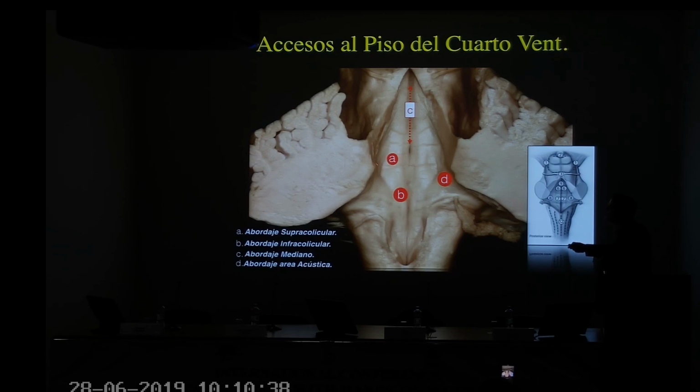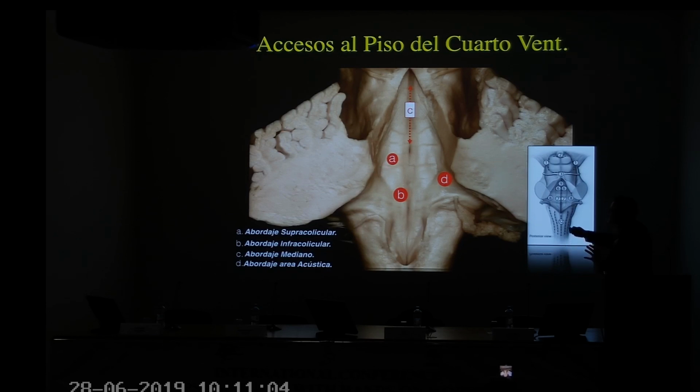It is this depression here in the upper part of the facial colliculus. In your first view, looking inside the brain, for example in your telovelar approach, you find this depression. You can be sure below is the facial colliculus.